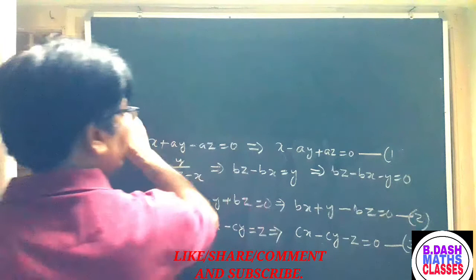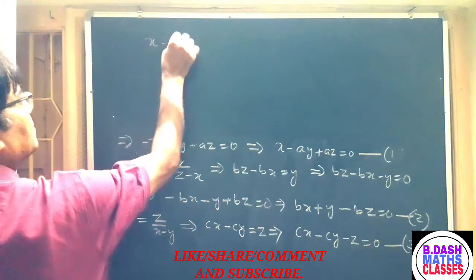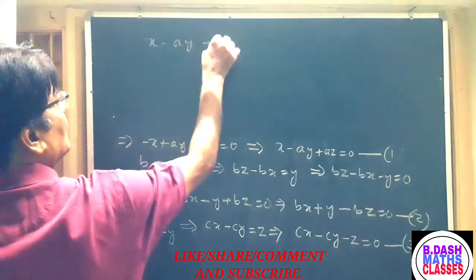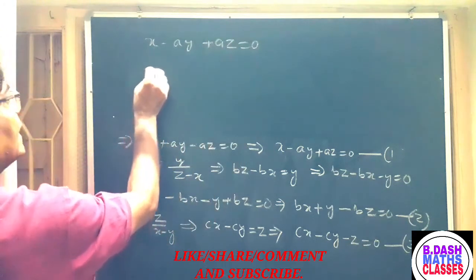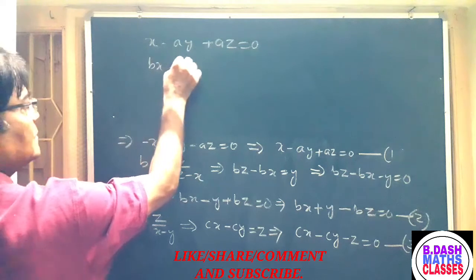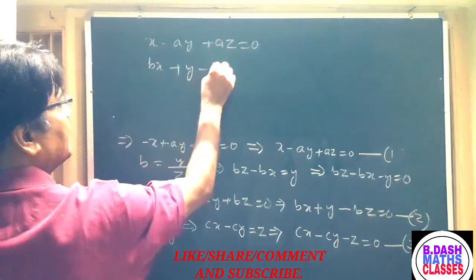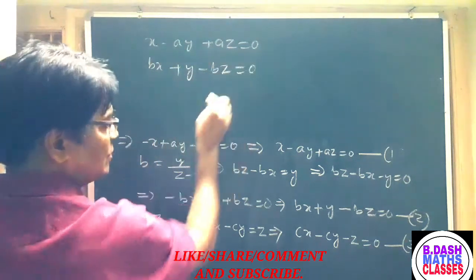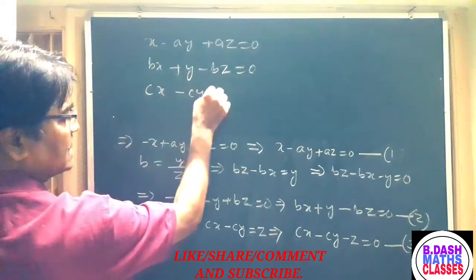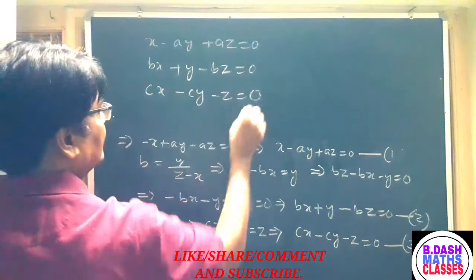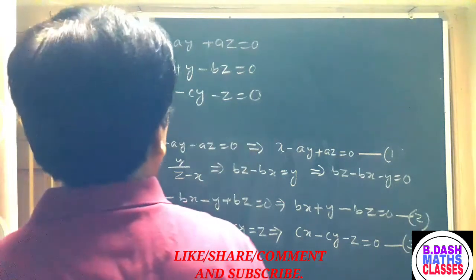So we get x minus ay plus az is equal to 0. The second equation is bx plus y minus bz is equal to 0. Third one is cx minus cy minus z is equal to 0. We are getting like this.